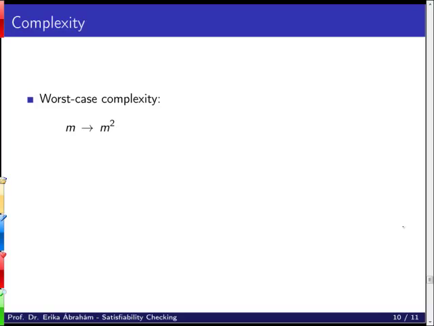Of course, it is not exactly m squared, it is a kind of upper bound, but it is in this complexity class. What happens if I eliminate the next variable? And if I have n variables, then the complexity is m to the 2 to the n. So this is a very hard complexity, and that's why this method is not used in general.